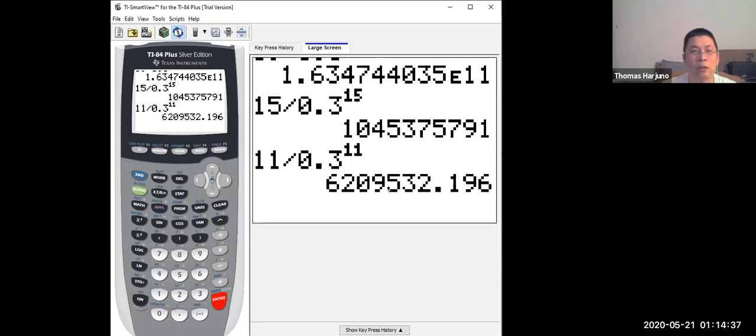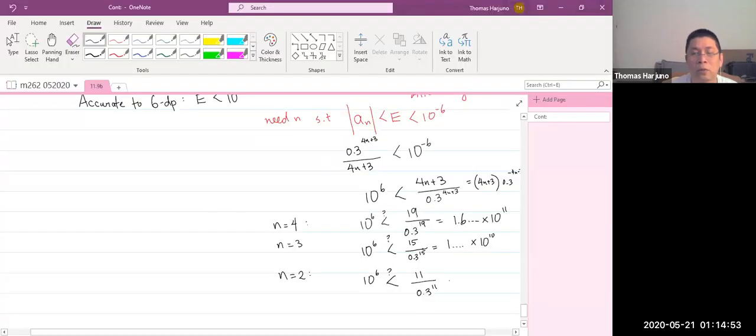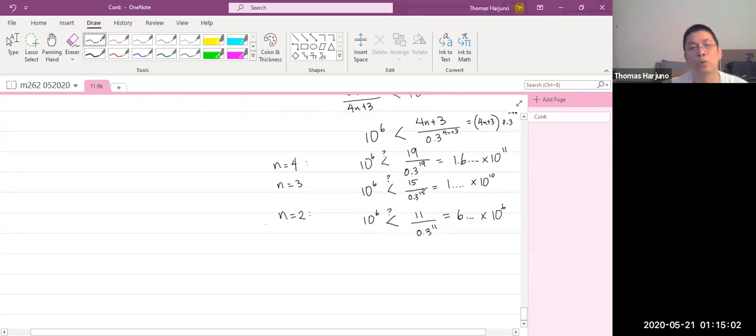This is more than 10 to the power of 6 already. It's 6 something times 10 to the 6. So we just need to truncate it, since a sub 2 is already less than 10 to the negative 6.